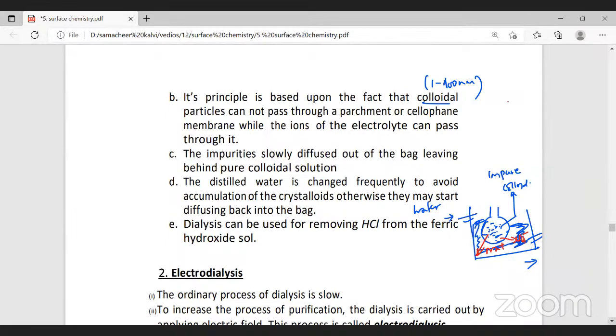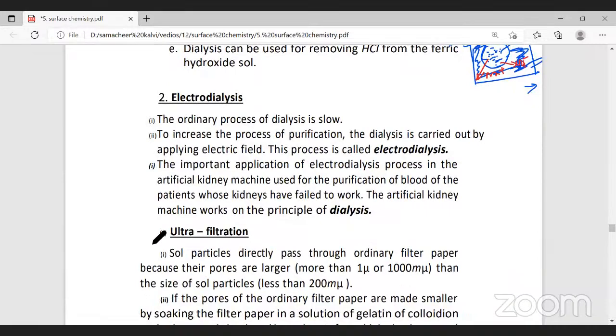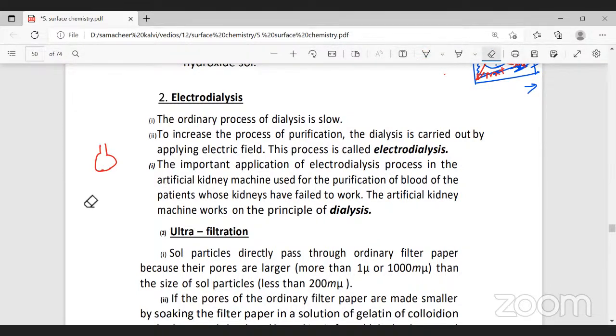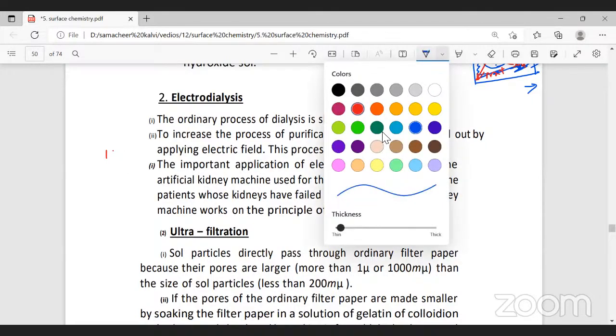Now, if we perform the same process in the presence of an electrode, it is called electrodialysis. We have a parchment paper bag.